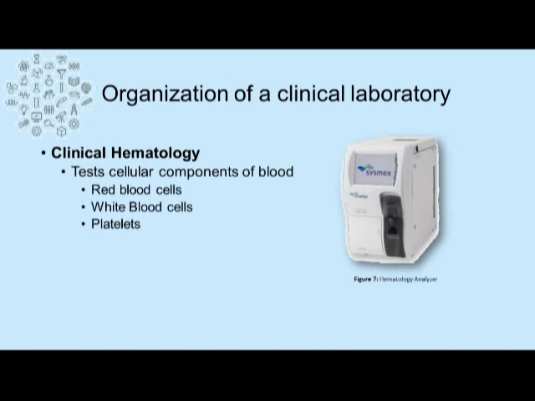The next department we'll talk about is clinical hematology. Hematology tests the cellular component of your blood. The cellular component of your blood includes things such as red blood cells, white blood cells, and platelets. It's typically done on an analyzer.